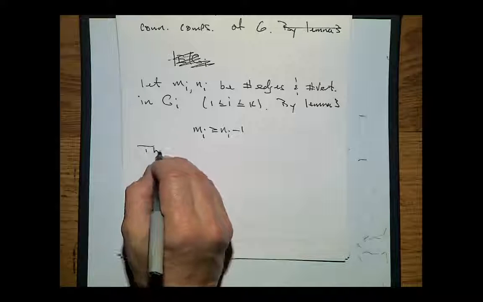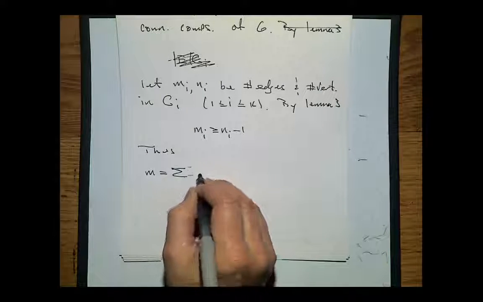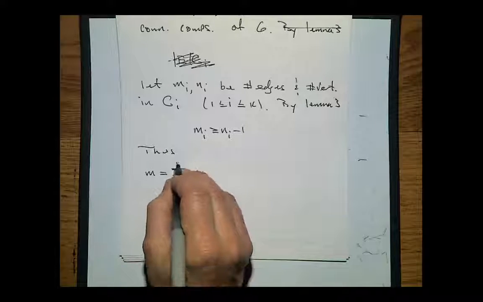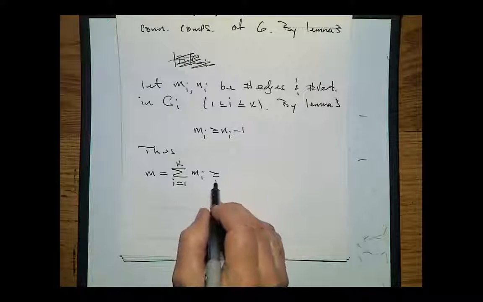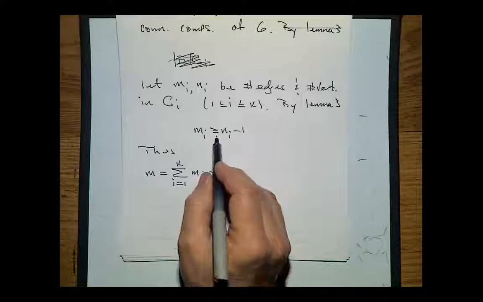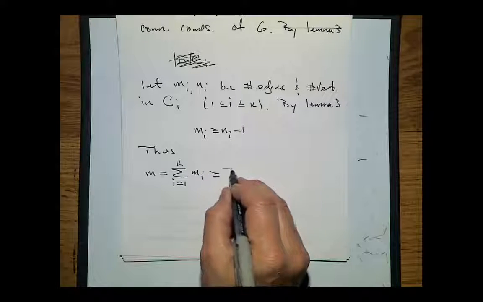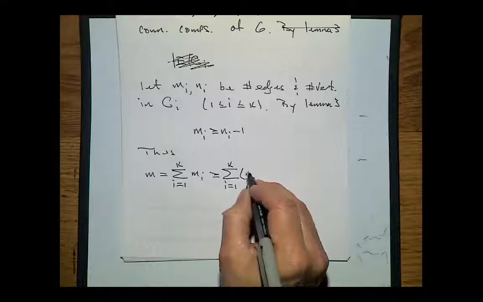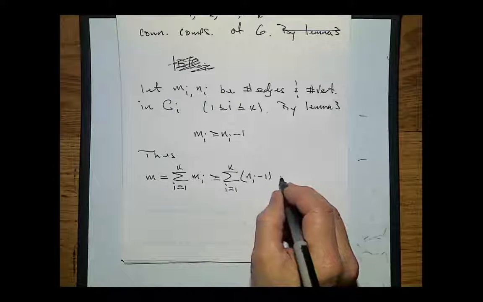Thus, m, which is the sum of the number of edges in each of its components, i equals 1 to k, is greater than or equal to, see, before we had an equal, but now we only get inequality. I'm basically adding up all these inequalities. Sum i equals 1 to k, ni minus 1. But just like before, I can split this into 2.